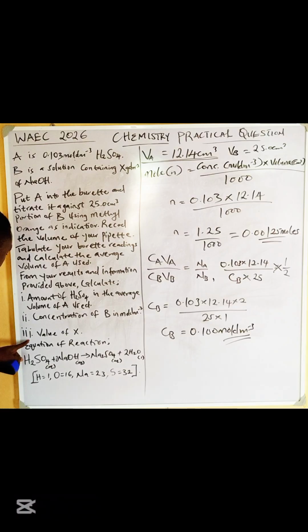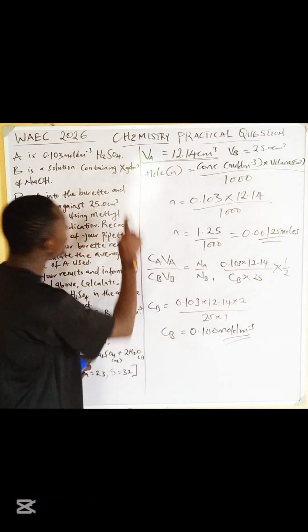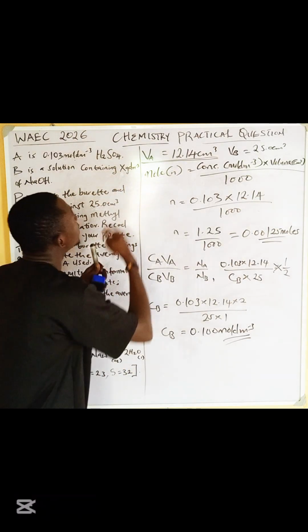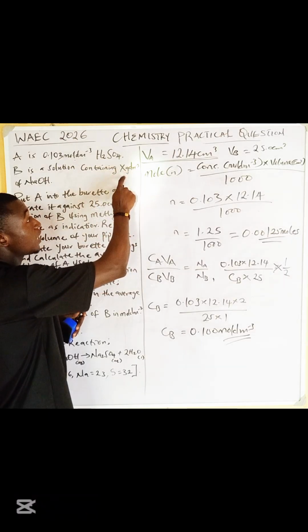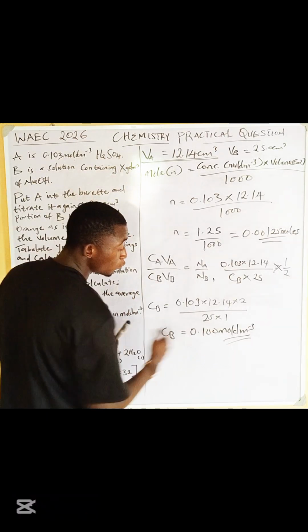Now the third question is the value of X. Since we've gotten, remember the value of X is for the base, that is B. And when you see gram per dm cube, there is a formula that links gram per dm cube with mole per dm cube.